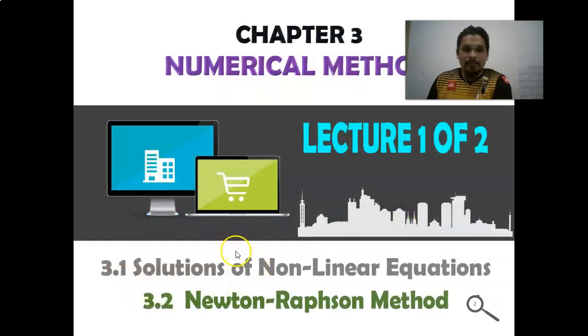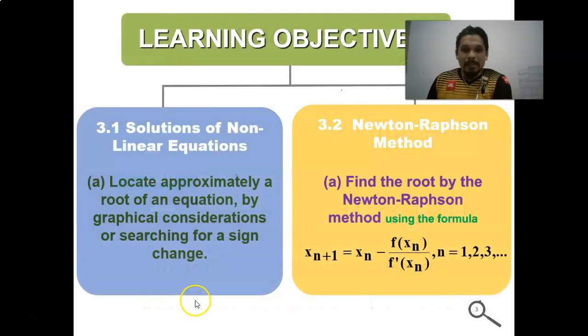So then we look at the first part of this lecture, looking at the solution of nonlinear equation and also the Newton-Raphson method. We can easily find the roots of the equation, let's say, x squared minus 5x plus 6 equal to 0.